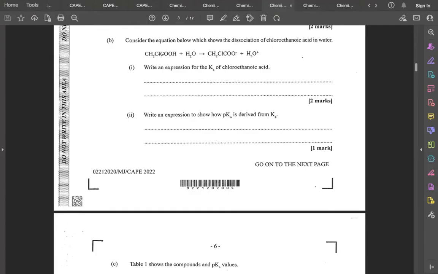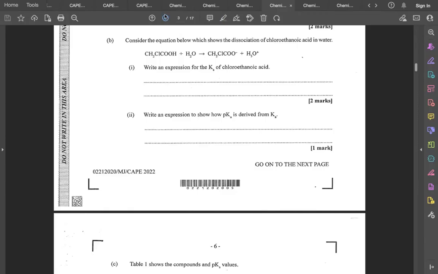And we're dissolving that in water, so using water to dissociate it to get our H+ ion, right? And then what we call the conjugate base, so whatever remains. So this is what we get. They're saying, okay, now write an expression for the Ka of chloroethanoic acid.